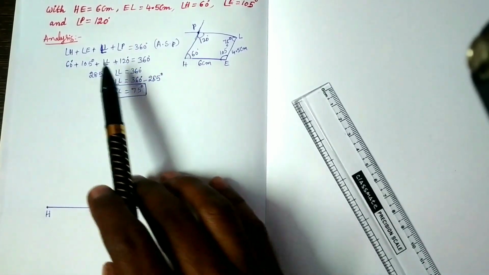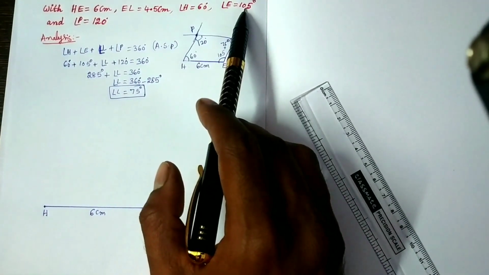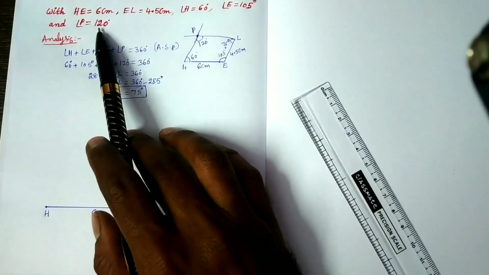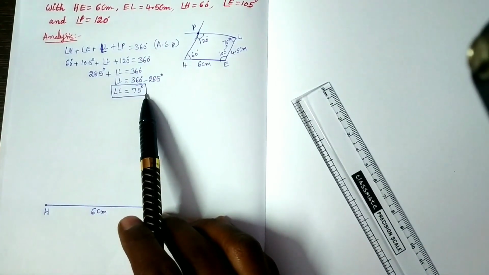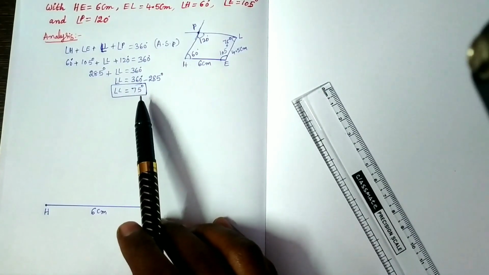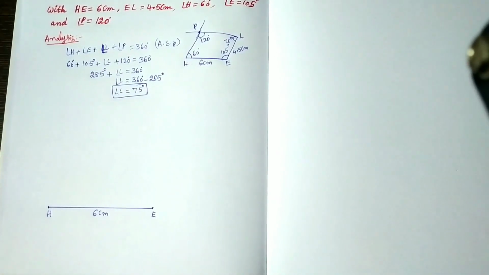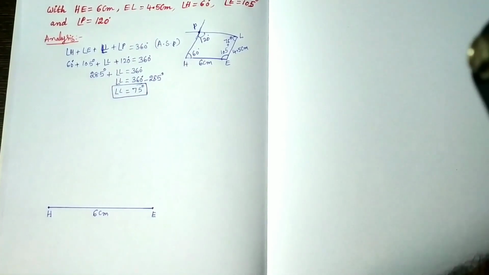Here angle H 60 degrees, angle E 105 degrees, and angle P 120 degrees, and angle L 75 degrees. These all are called standard angles. Standard angles we can construct without protractor, otherwise you can use protractor also. Now in this video I am explaining construction of these angles without using protractor.